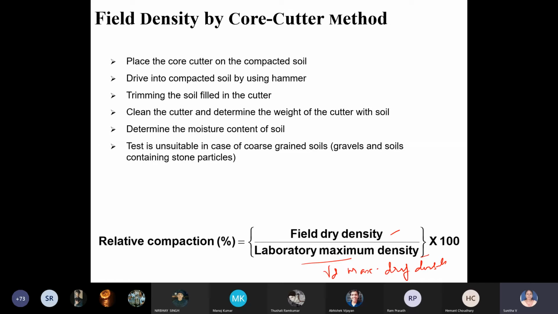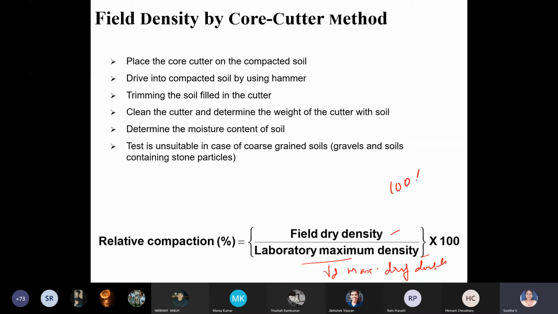Before laying a specific road, you have to check the specification, whether for rural roads, meaning village roads, or for national highways, where you have to refer to the MoRTH specification. It will specify the level of compaction you're aiming for.